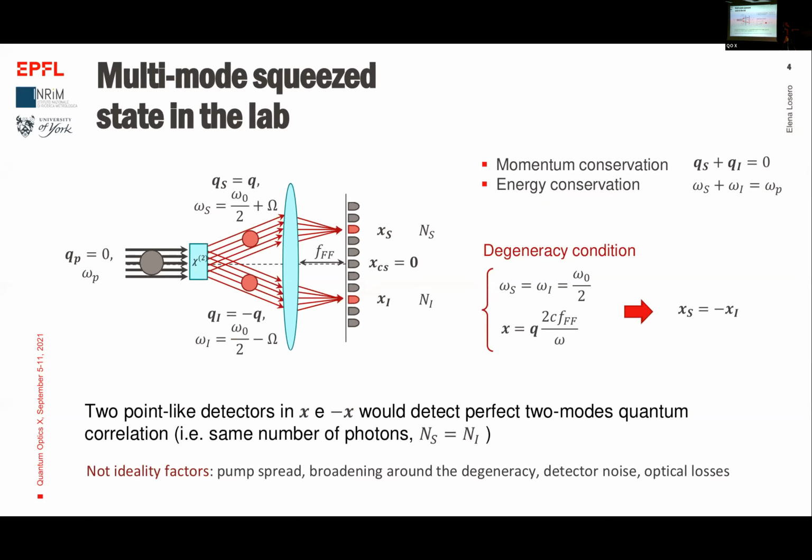And if we focus on the degenerate condition, the perfect momentum conservation will be translated into perfect position conservation at the detector plane. So at least in the ideal case, if we have two point-like detectors in X and minus X, they would detect exactly the same number of photons.